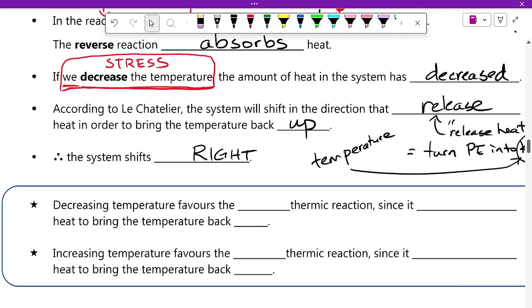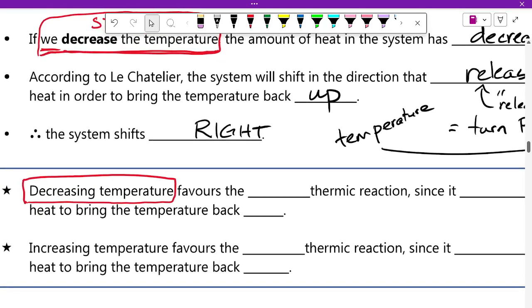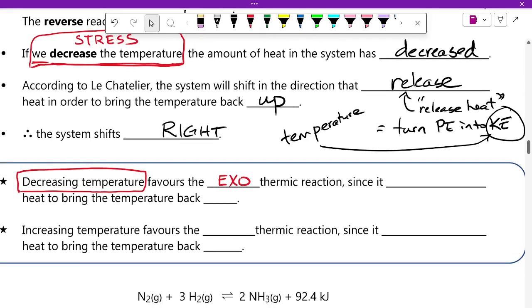If you're explaining it, it is actually okay just to say decreasing temperature favors the what kind of thermic reaction? Decreasing temperature favors endo or exo? Exo. Since it releases heat to bring the temperature back up.